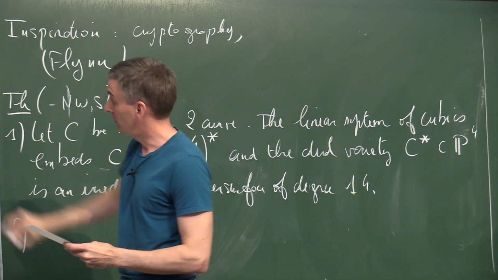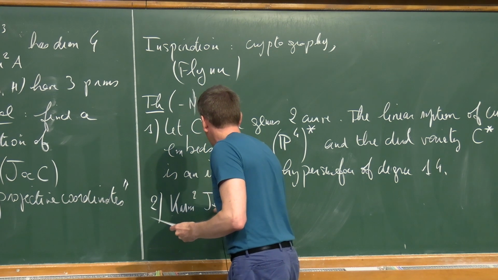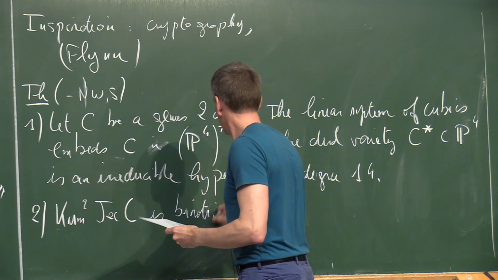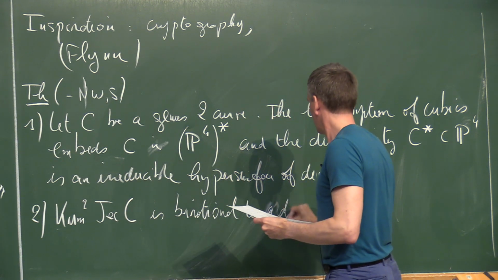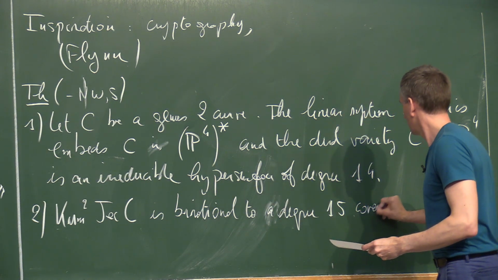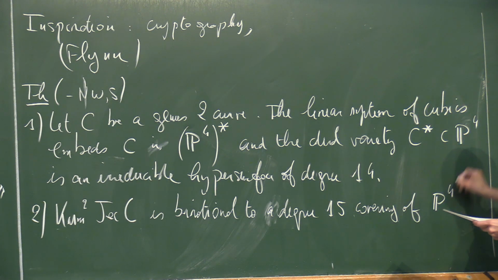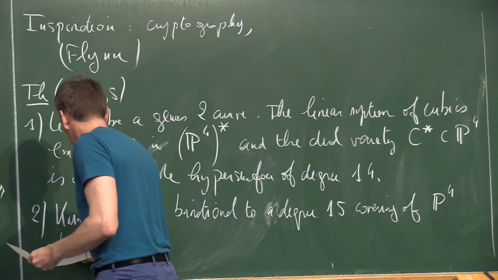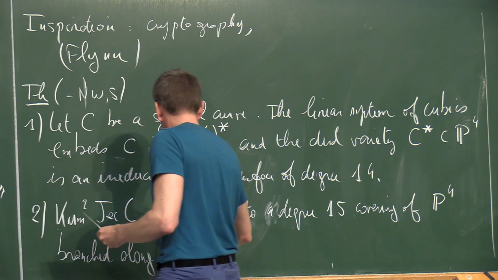So, second thing, to explain what we have in mind, this Kummer fourfold of the Jacobian of C is birational to a degree 15 covering of P4, this P4, branched along this dual variety, branched along C star.